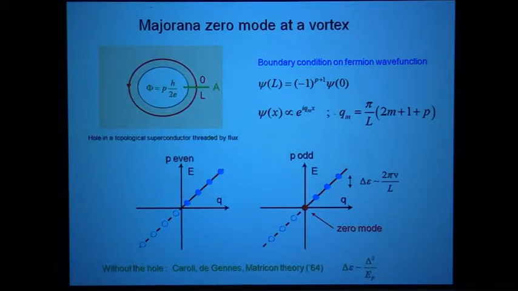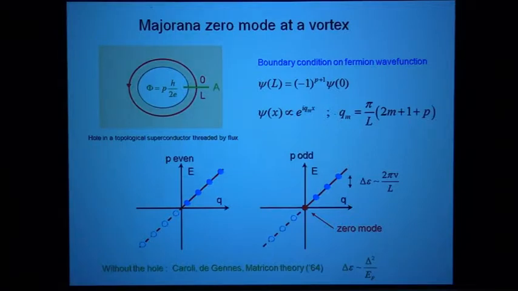Okay, which cancels the other minus sign, so that you can have a state exactly at 0. Okay, and so the upshot of this is that when you have an odd number of flux quanta piercing this hole, you have a discrete 0 energy state on this vortex.